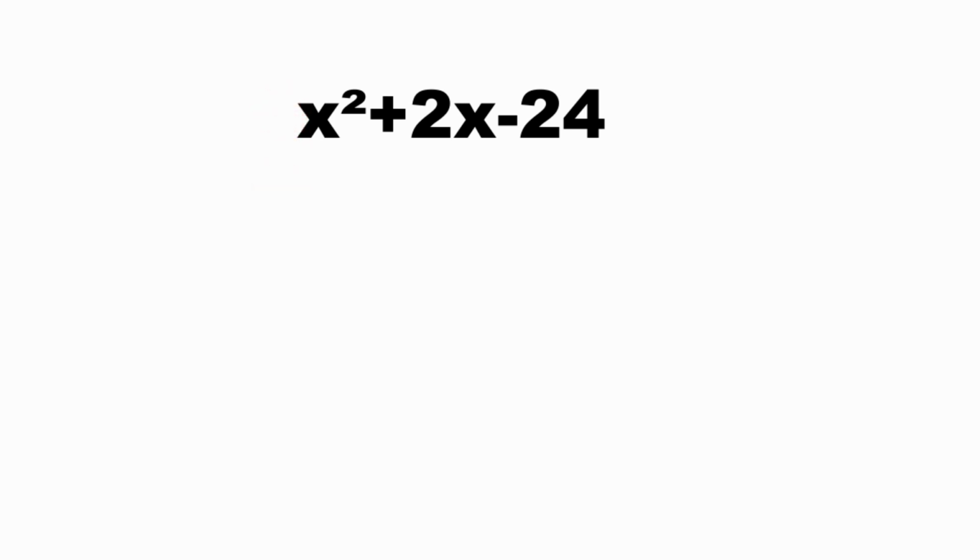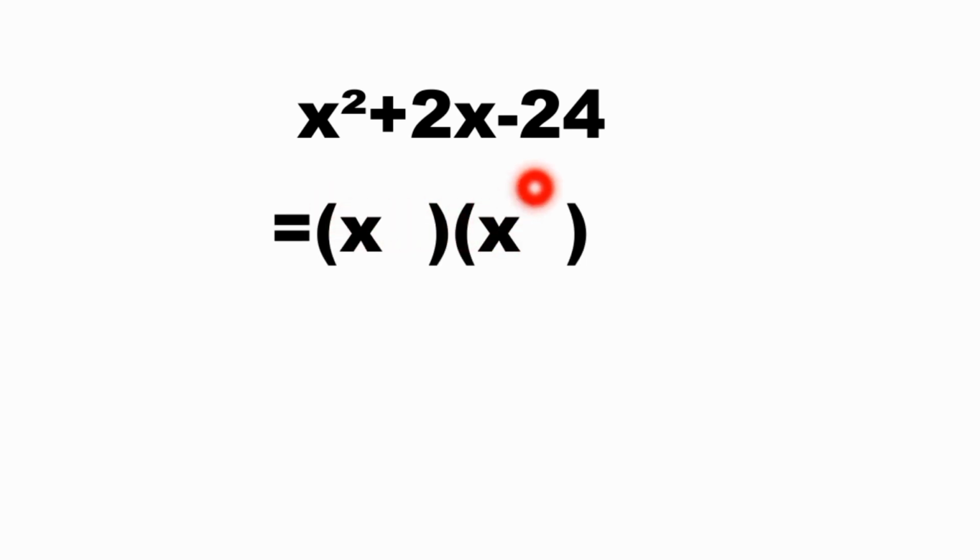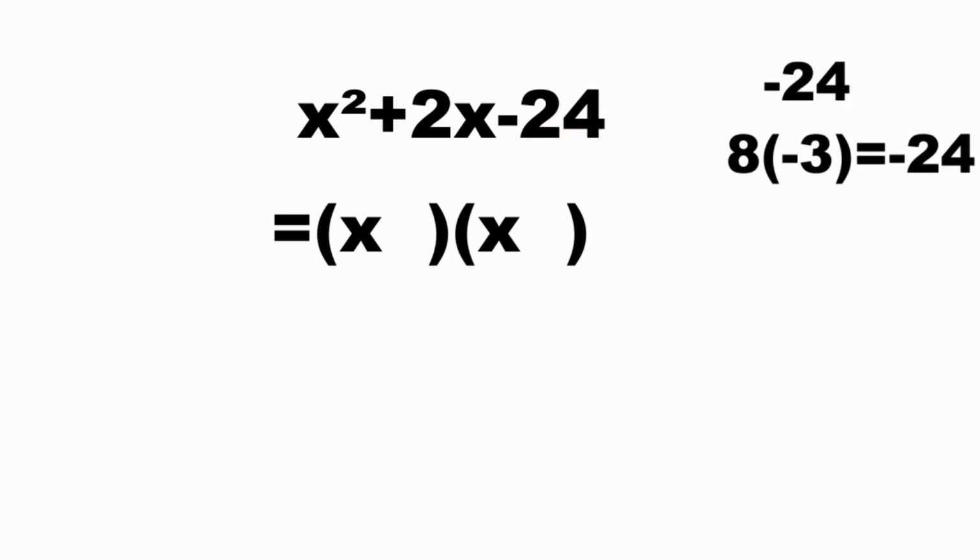So the factors are x times x, and focus on the factors of negative 24. If we are going to use the factors of 24, we have 24 and negative 24.